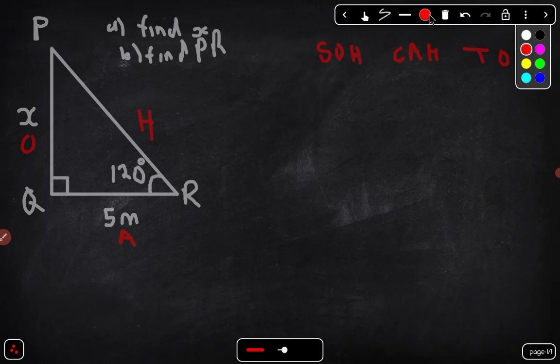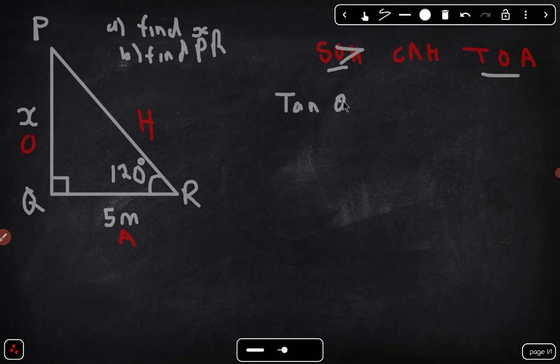Now you look at what you are finding. You're finding x. Okay, x is what? Opposite. Then what are you given? Adjacent. You don't have anything on hypotenuse, so the one that has hypotenuse is disqualified, and you remain with TOA.